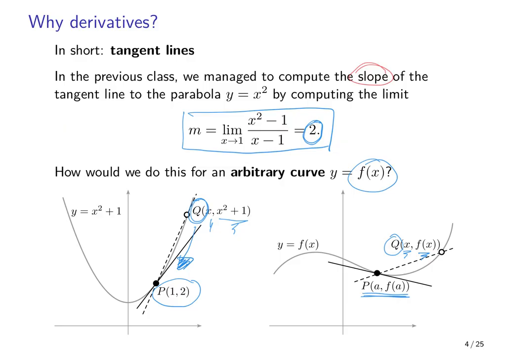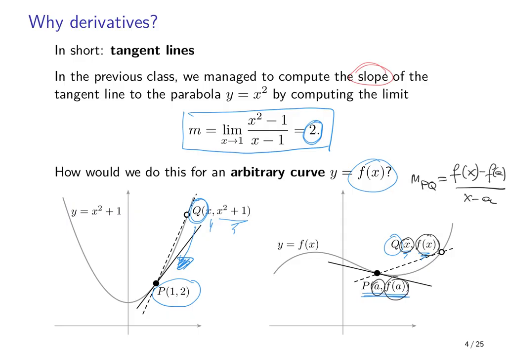That limit that you get, let's stay with this slide for a little bit longer. First of all, we have that the slope of the line through P and Q is given by what? Well, we have to take the difference of the y coordinates, so f of x minus f of a, and then we divide by the difference of the x coordinates, so x minus a.